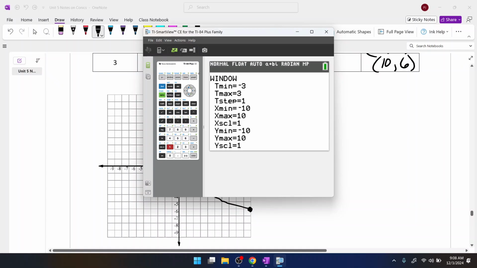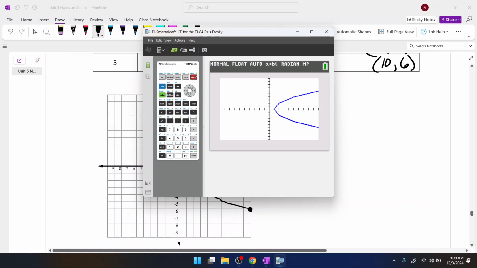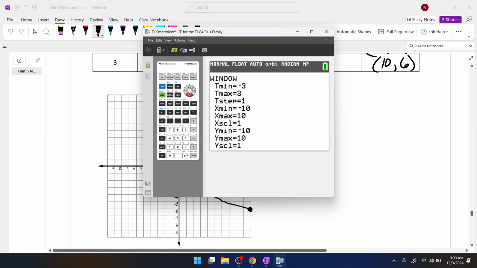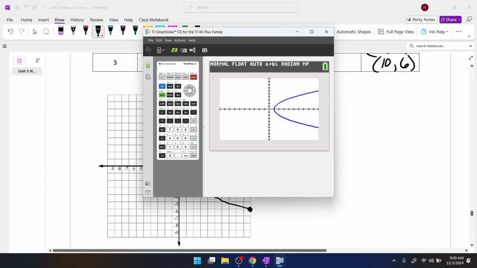If we do a step of 1, here's the thing: it does not look like as smooth a curve as we would like, because it plots every single unit. If we go to the window and change the t step to something like 0.1, it's going to look a little bit better, just like this. Exactly what we want. So there's that.